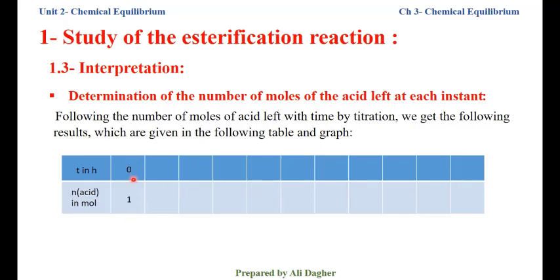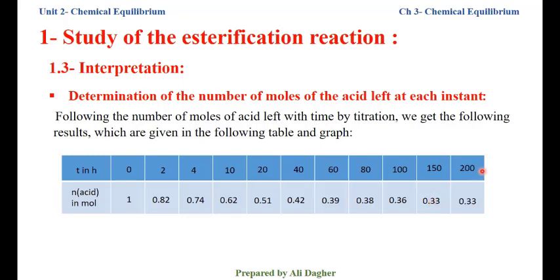At t equals 0, initial number of moles of acid equal 1 mole. After 2 hours, 0.82. After 4 hours, 0.72. The number of moles of acid decreases because it is a reactant. This continues till the instant 150 hours. The number of moles of acid left equals 0.33 mole.